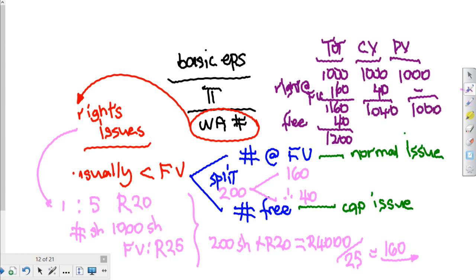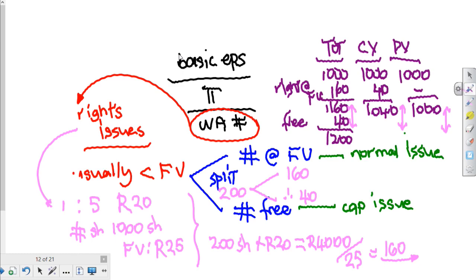Okay, now this is where I need to be careful. I need to apply this proportion here and here. So what is the proportion? 40 over 1160. Does it work out at a round number? Somehow I doubt it. No. So I say 40 divided by 1160 times 1040.